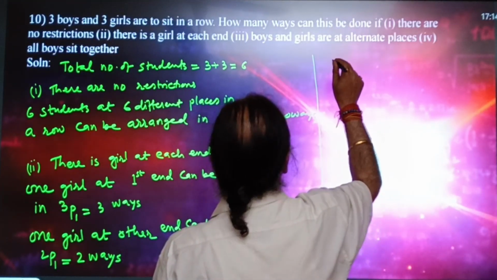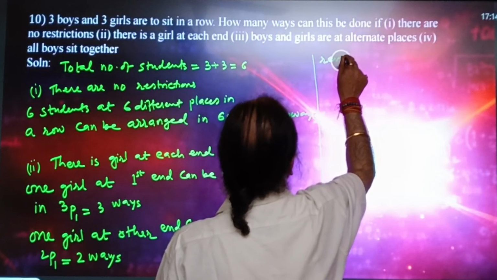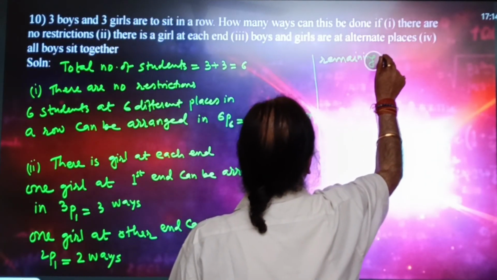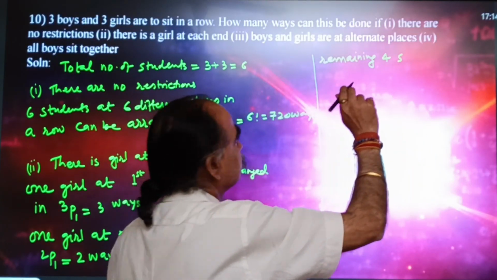Remaining four students, three boys and one girl is left.